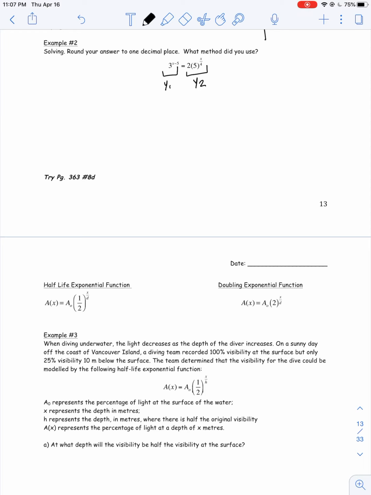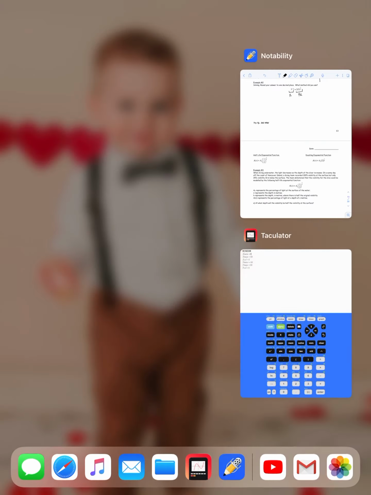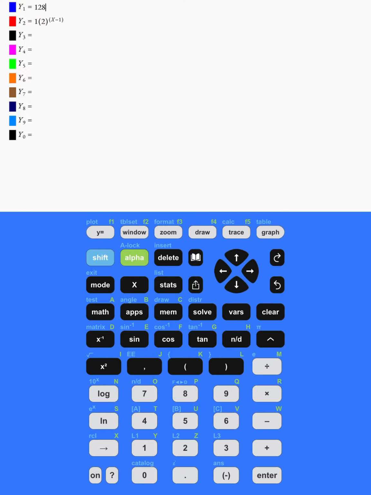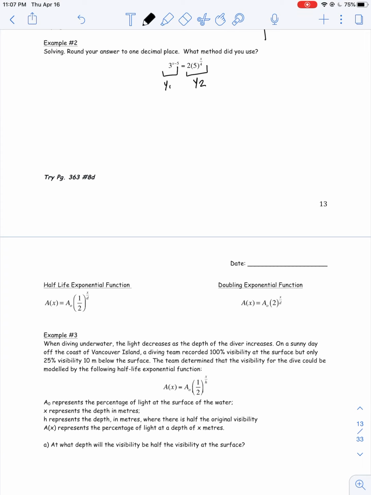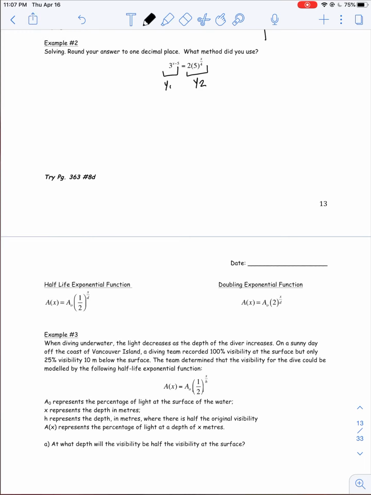So 3 to the power of x minus 5. Make sure you put that power in brackets. And the right side, we have 2 times 5 to the power of x over 4.